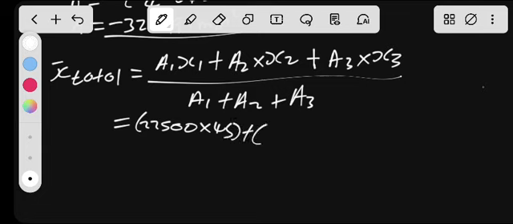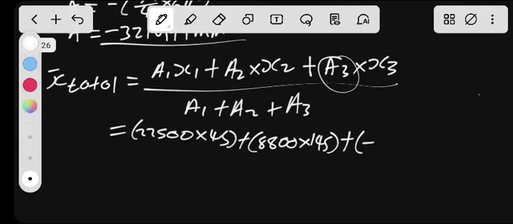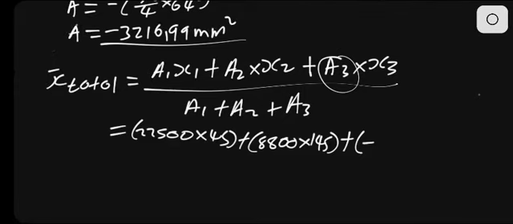Area 2, we still use what we know, the previous one, multiplied by 145, plus, now when we come to this area it will be negative area, as we can see there, negative 3216.99, multiplied by our x bar, which is 45.